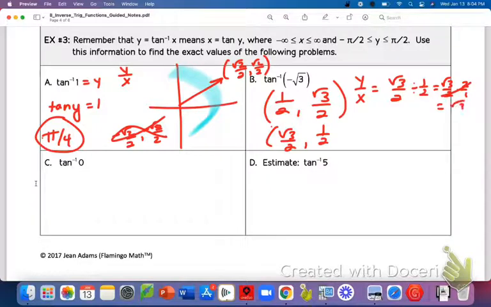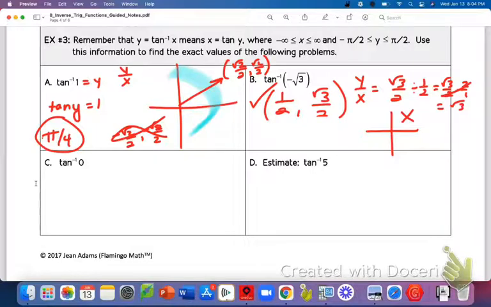So that does get me to root 3 over 1. So this is the one I want. I don't want that second half because that would get me a different ratio. But now I need it to be negative. Remember, we can only be in quadrant 1 or quadrant 4. Well, they're all positive in quadrant 1, so that means I have to go down to quadrant 4.